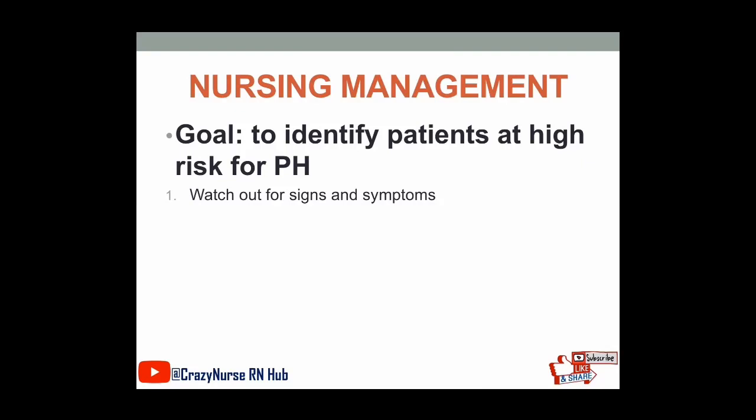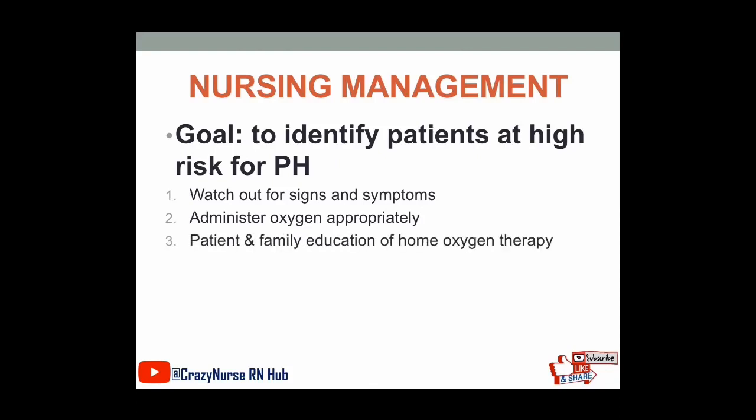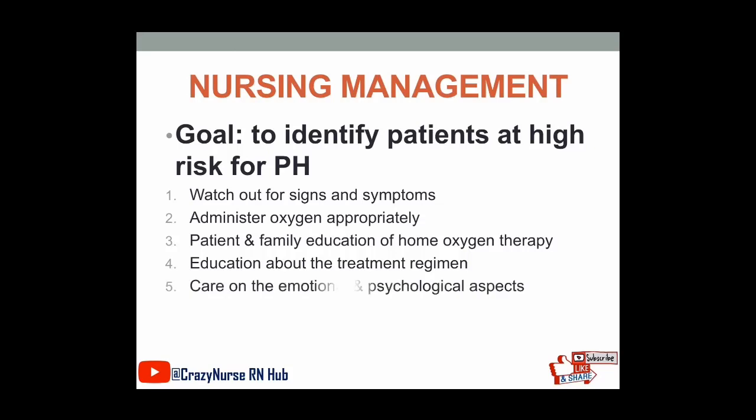So we need to watch out for possible signs and symptoms, administer oxygen appropriately, and provide patient and family education on home oxygen therapy, education about the treatment regimen, and care of the emotional and psychological aspects of our patient. Formal and informal support groups for patients and families are extremely valuable.